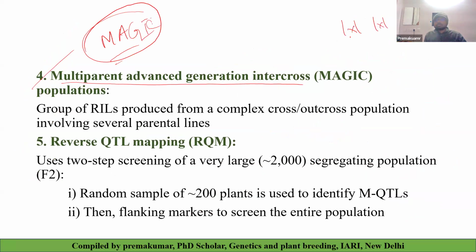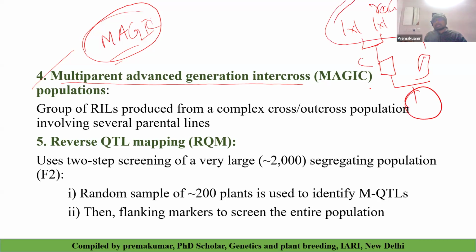You cross among them, then you cross among these lines, then you cross among these lines again. You develop one population. Eight different parents will recombine over six generations, and you are developing a population. That means higher recombination.